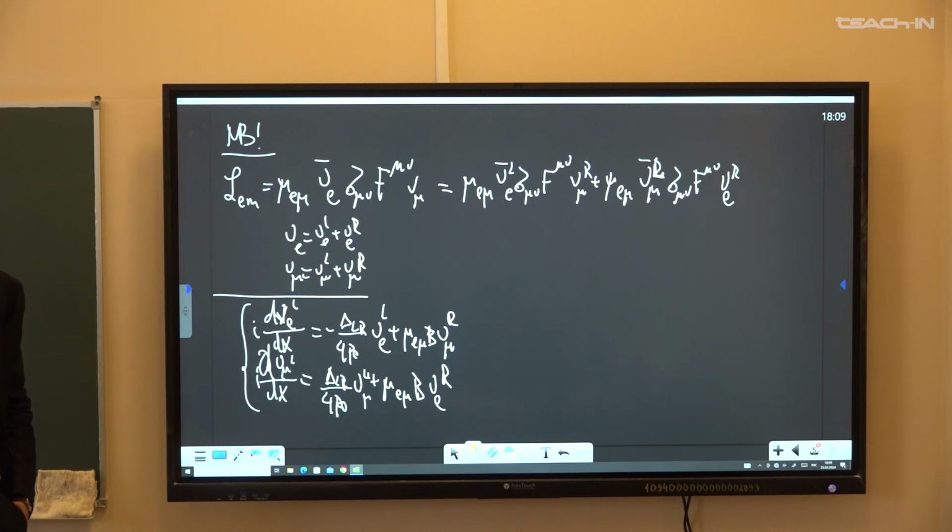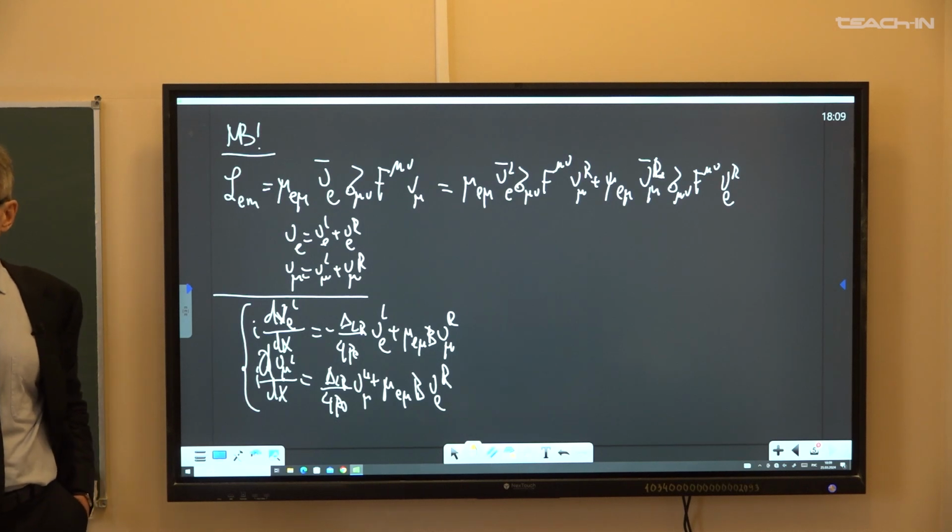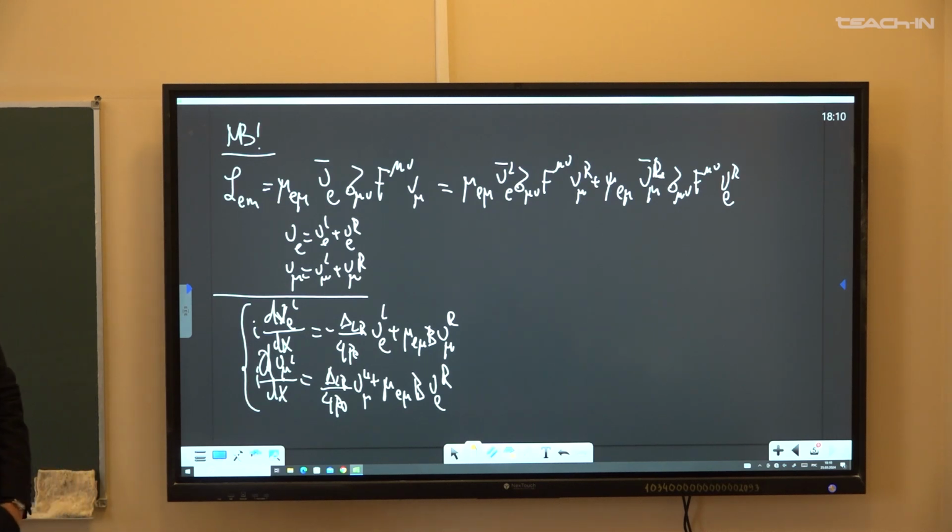And now we shall treat the effect of neutrino mixing between different neutrino spin states due to interaction with moving matter. Well, I have already introduced this phenomenon, like a very short introduction to this.